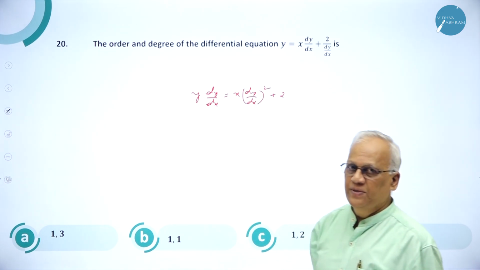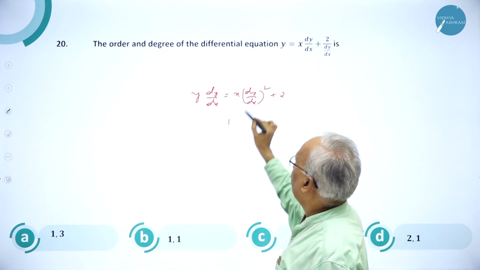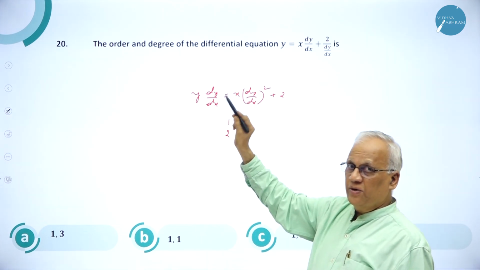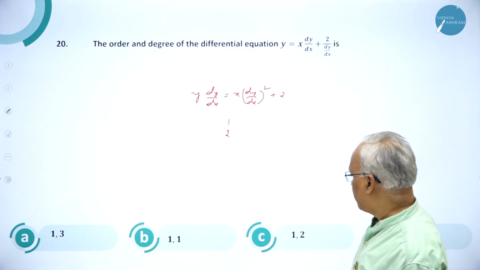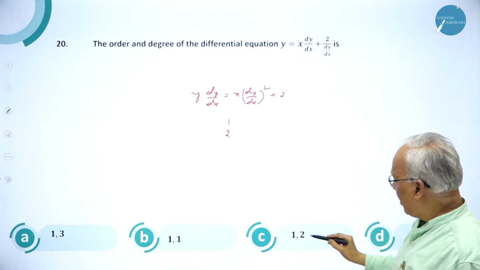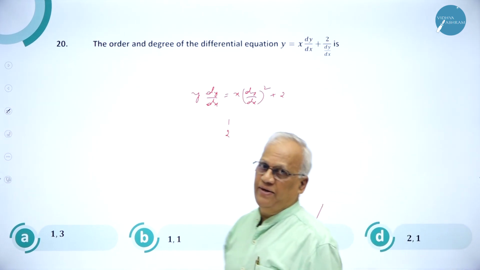Now you can see order of the differential equation is 1 and degree of the equation is 2. So order and degree, sometimes they give degree and order, so look carefully. There you have 1, 2 and 2, 1. You have to be more careful. Order is 1, degree is 2. The answer is C. This is the way you do it.